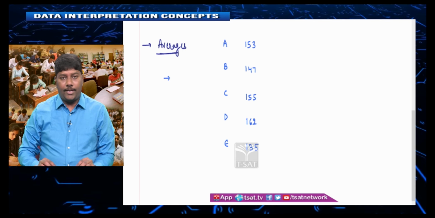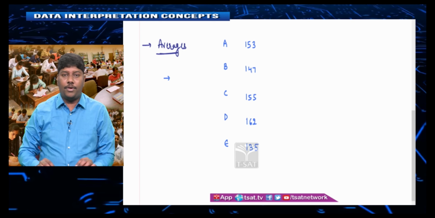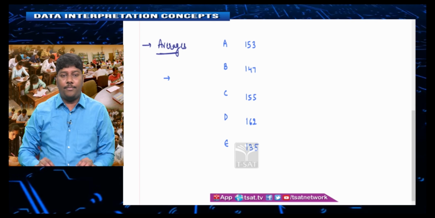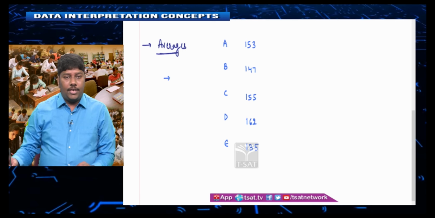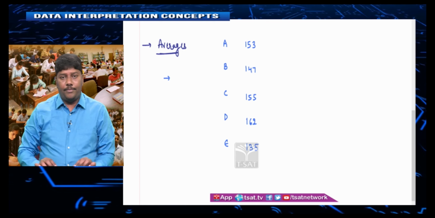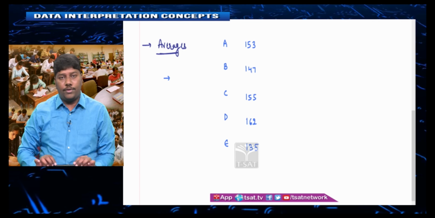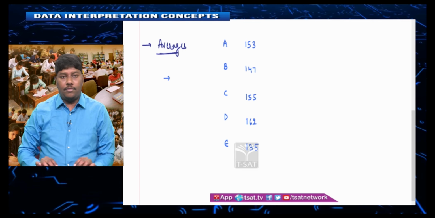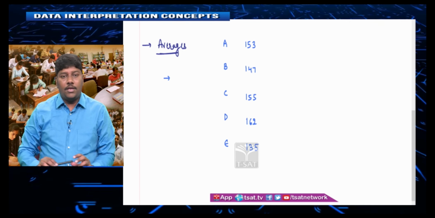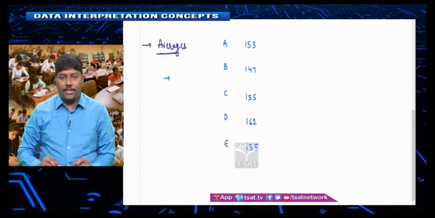When this kind of data is given, how do you find the average? If they ask you the average number of cars produced by the 5 companies, in terms of 1000 or lakhs or millions, it doesn't matter. Mostly in data interpretation all the values given are close to each other. They don't give you values with much dispersion, they give you lower dispersion, which means the difference will be less.